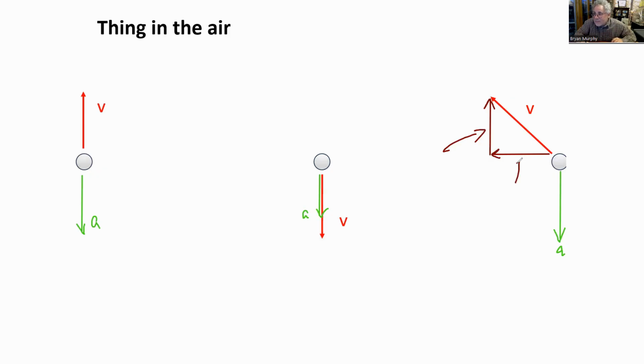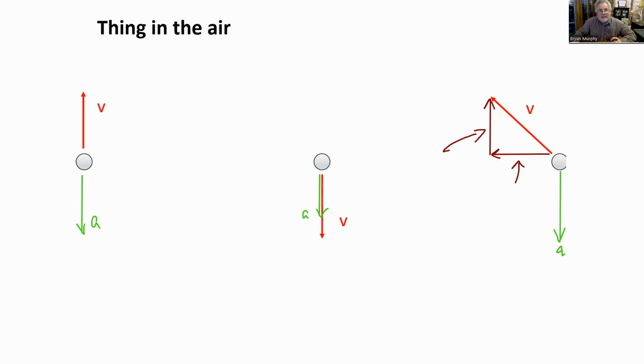This one here, the horizontal component of the velocity, is going to remain constant. Why? I hear you say in unison: because there is no component of the acceleration in the horizontal direction. And that's the answer that the examiner wants to see. There is no component of the body's weight in the horizontal direction.